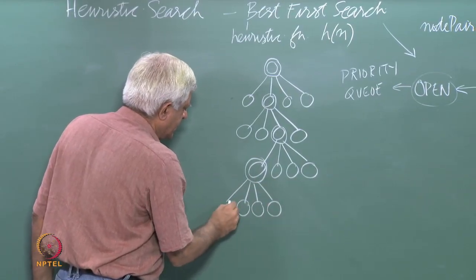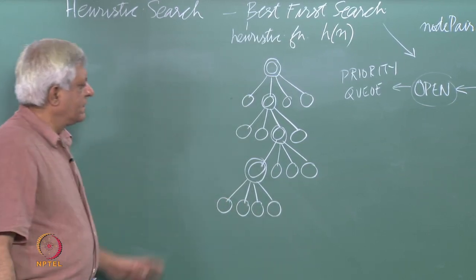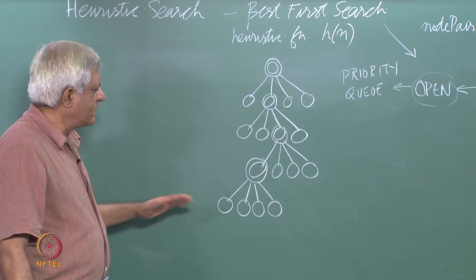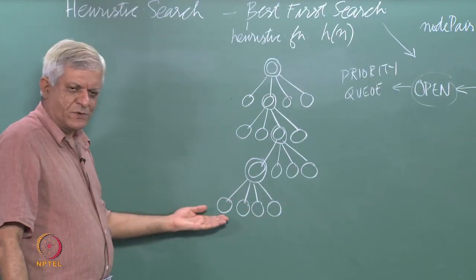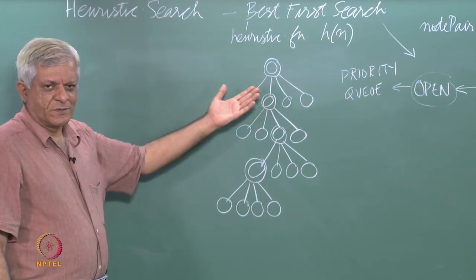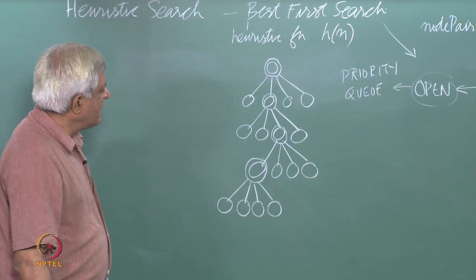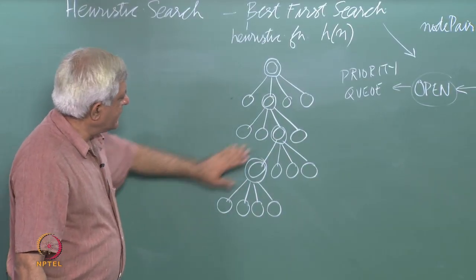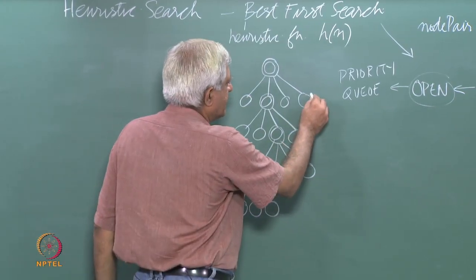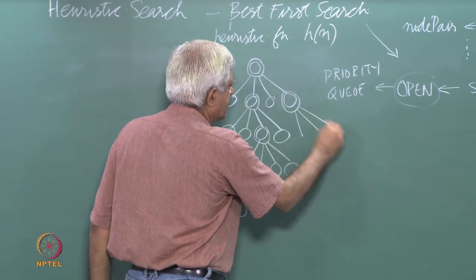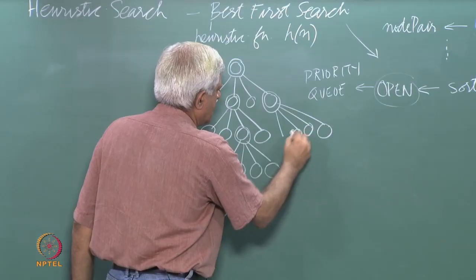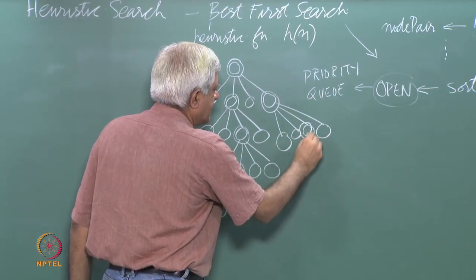But since it is always looking at the heuristic function, it is not necessary that it will expand one of these 4. Any one of them could suddenly turn out to be better than the rest, because these might gradually become worse and worse in terms of heuristic value, and it is possible that it suddenly goes off in a different direction. So, it expands this, and then maybe it expands this.